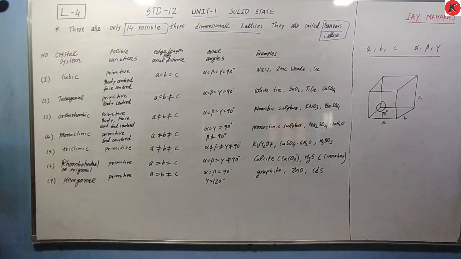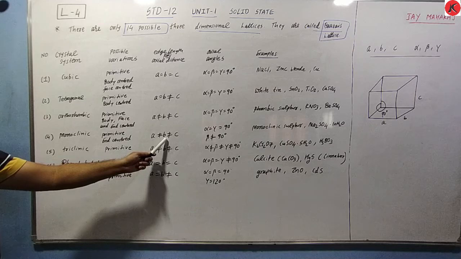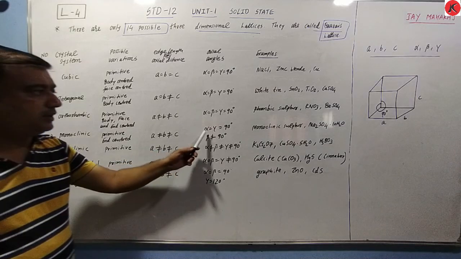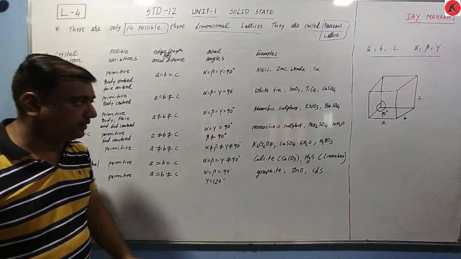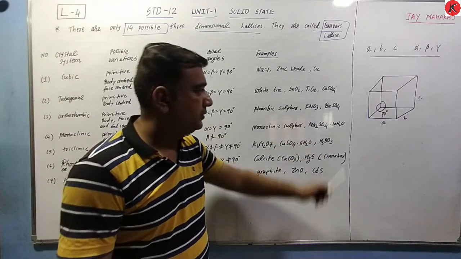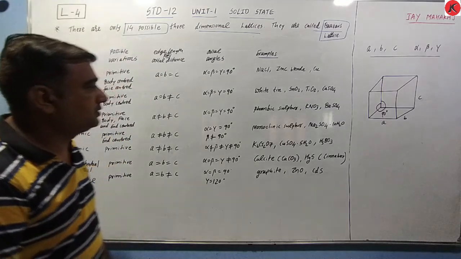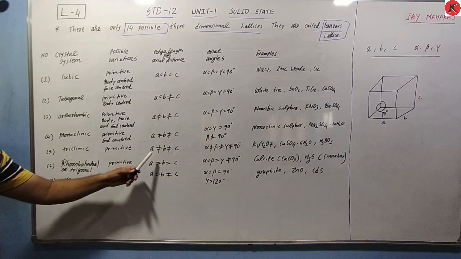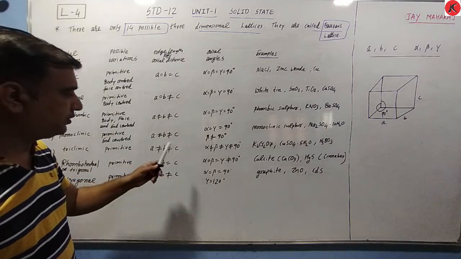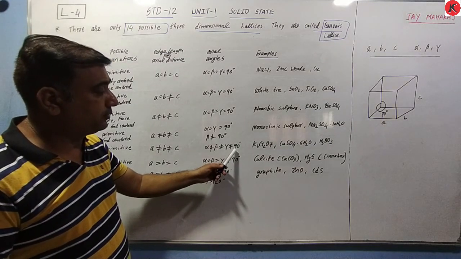The fourth one is monoclinic. Here a is not equal to b, not equal to c, alpha and gamma equal to 90 degrees, and beta is not 90 degrees. Remember, monoclinic sulfur and sodium sulfate in hydrate form, that means decahydrate, are examples of the monoclinic system. Now the fifth one is triclinic. Triclinic means a is not equal to b, not equal to c, and alpha, beta, gamma are not equal to 90 degrees.